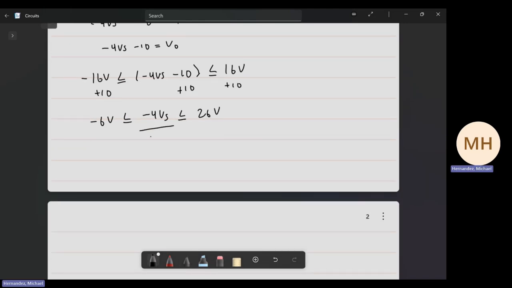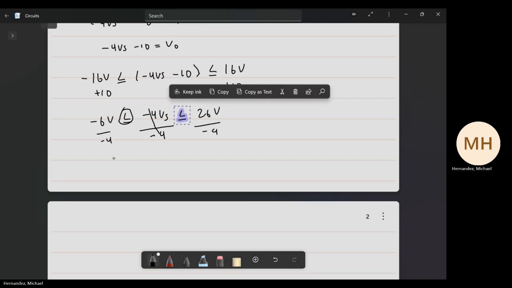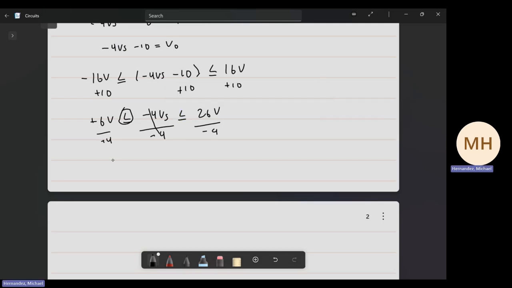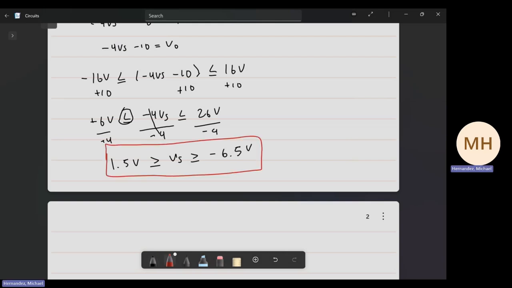Then we can just divide by negative 4 on both sides. As well, we change the sign of these. So it's going to be positive 1.5 volts, and this becomes negative 6.5 volts for VS. And this should be our final answer.